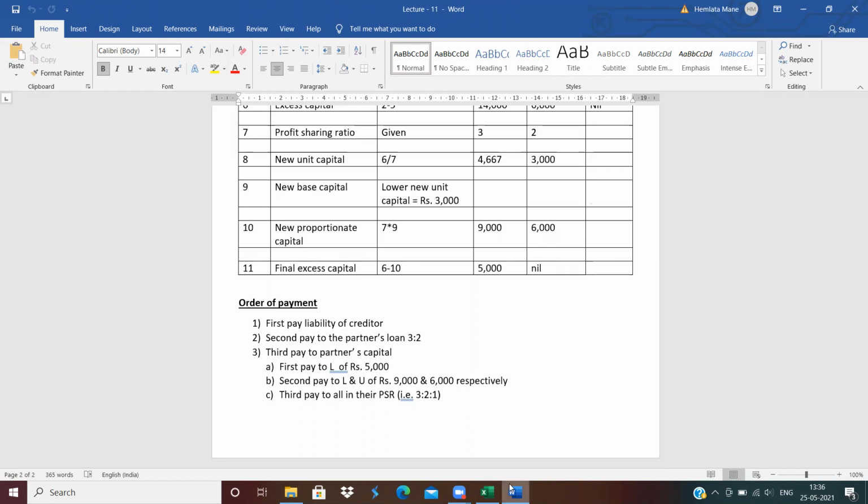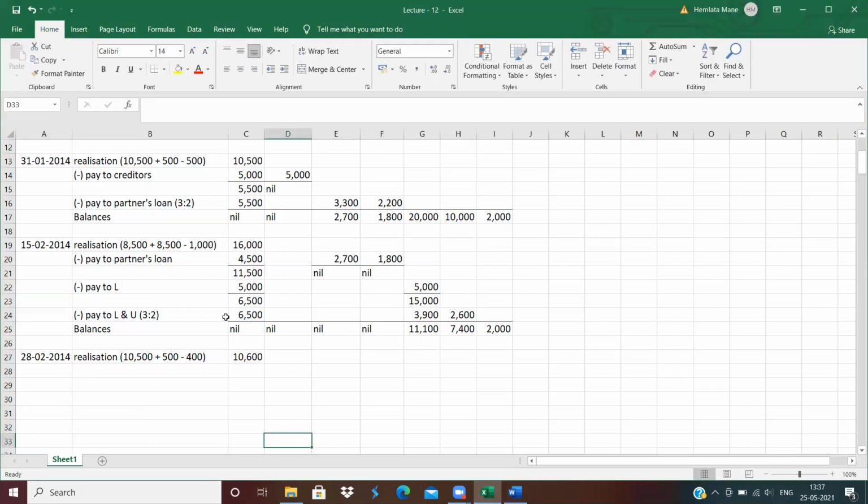Now see how much amount should be paid to L and U. 9,000 and 6,000, total amount is 15,000. Already we paid 6,500. Then how much amount is remaining to pay?